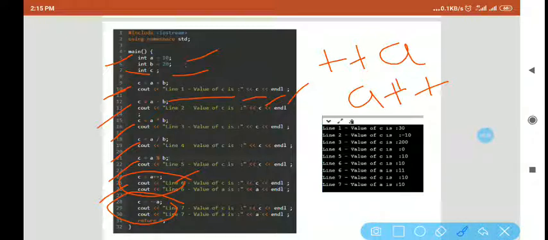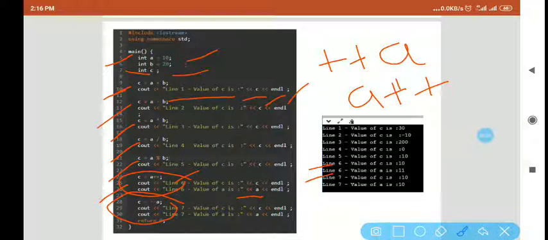What is the difference between post and pre? You can see this. Suppose c equal to a plus plus, and we print the value of c, and again we print the value of a. Check line number 6 in the output. The first line printing the value of c is 10, and the second, line number 6, the value of a is 11.